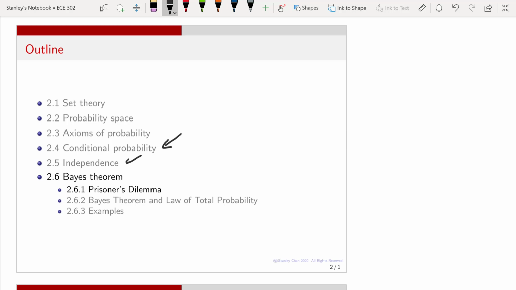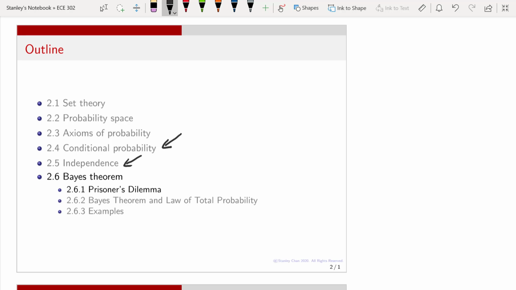In section 2.5, we introduced the concept of independence. That's also relatively not too hard, in the sense that if two events are independent, you can factorize the probability into a product of the two individual probabilities.